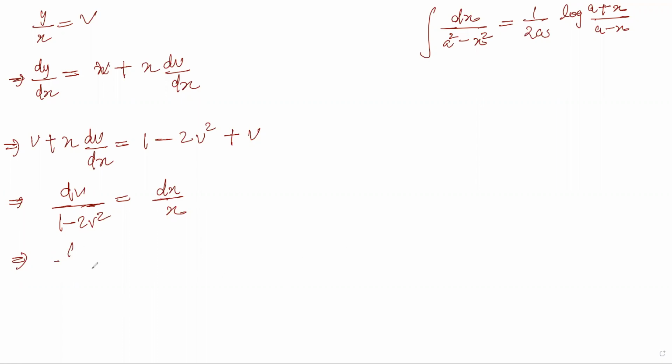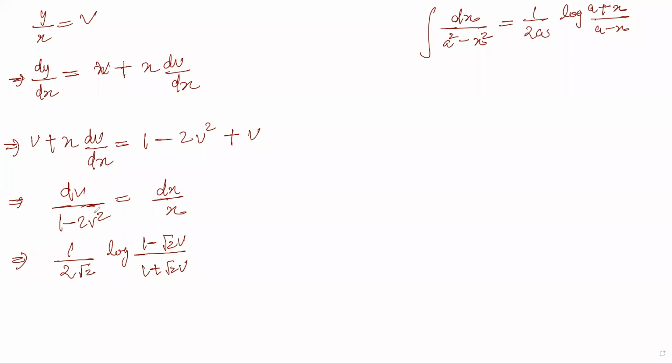This is 1 by 2. Now this will become 2 root 2. Can you explain to me why is this extra root 2 here? See, because we got 1 minus root 2v into 1 plus root 2v.